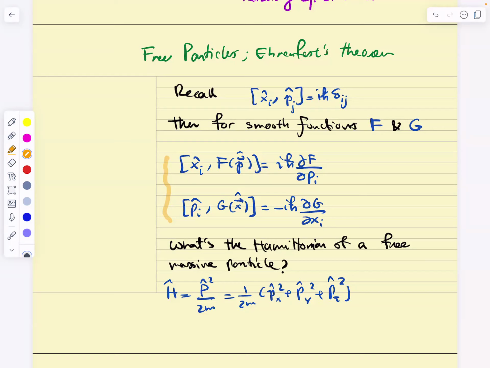I've already given you a motivation to talk about exponentials, right? Where did they come up? Translation operators, right? They were exponentiated. So the spatial translations were e to the power of i p over h bar del x.